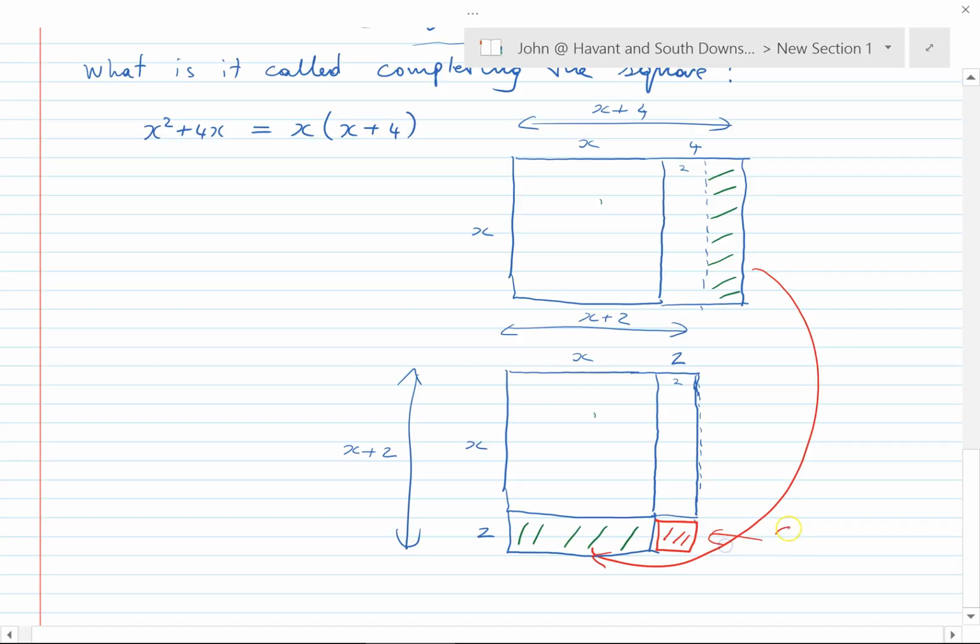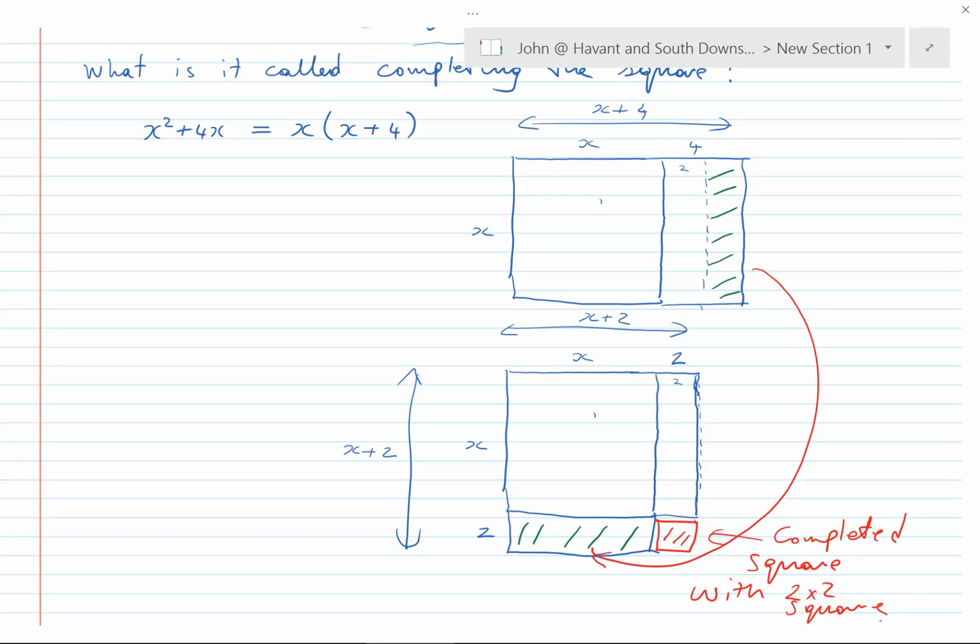So there's the completed square with the 2 by 2 square. And if you look back at the question, that's where the 4 comes in. So that's a nice visual representation. It's explained better by other people elsewhere, but I still think it's worth talking about.